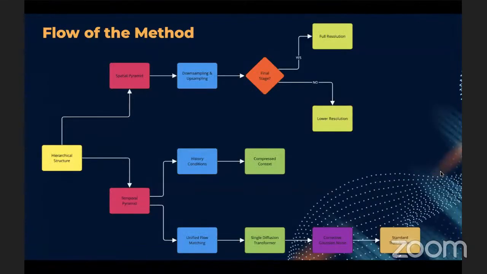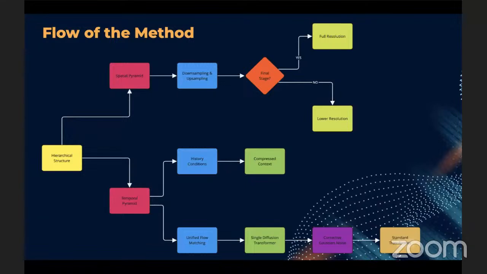This is the normal flow of this method, and you can easily see that it is quite different from the normal models. In a full sequence diffusion model, the entire video is generated at once with all frames produced simultaneously.